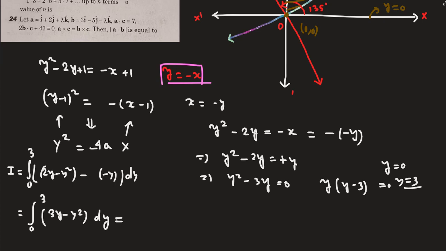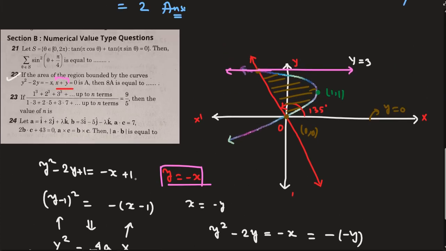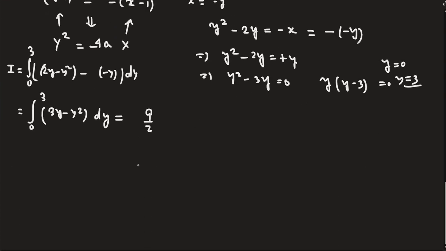Now after this the simple calculation is there. When you do the calculations, you get 9 by 2. So this is the area. They call the area as A, not I. So I am calling this A. Now we are going to calculate 8 times A. 8 into 9 by 2, that means 36. I hope all of you understand this concept.